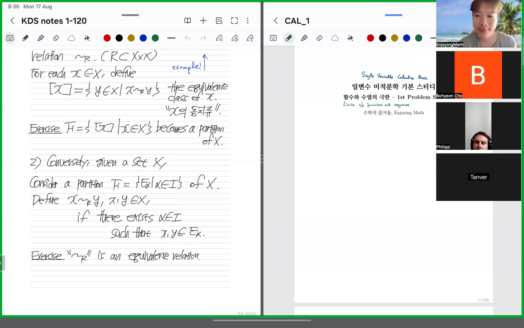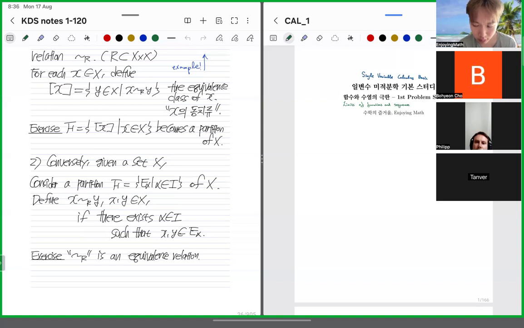Yeah, definitely. A partition of a set is a collection of non-empty subsets such that every element of the original set belongs to exactly one subset in that collection. It also follows some criteria.